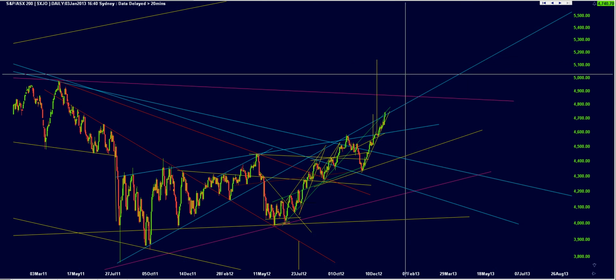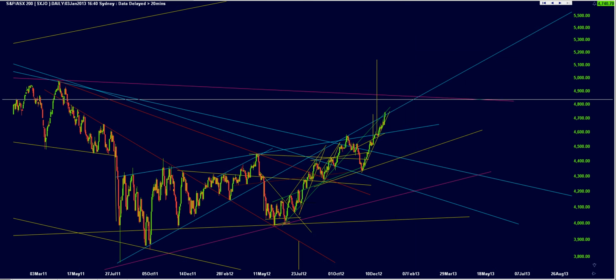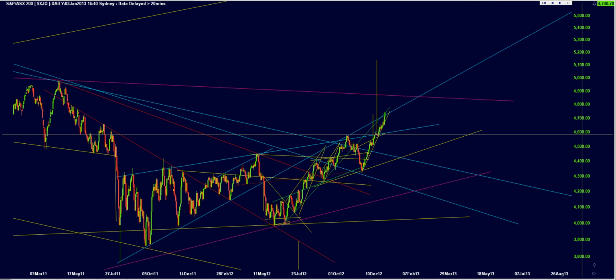I would say that we would get up to that area if the ASX200 can get over this descending resistance level. I would expect that this area should put up a bit of a fight, as it has done in the past. So let's just see what happens there, and let's keep our eyes out on the long-term perspective of things as well.